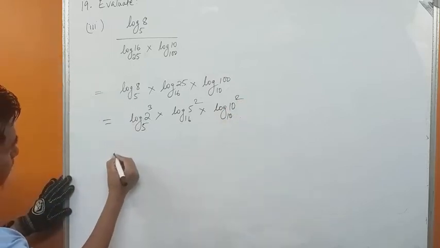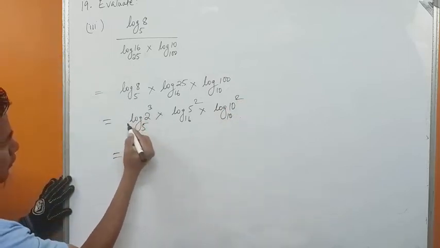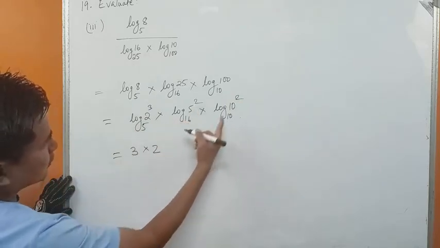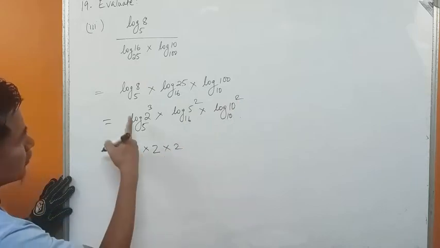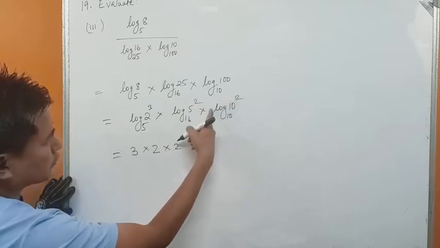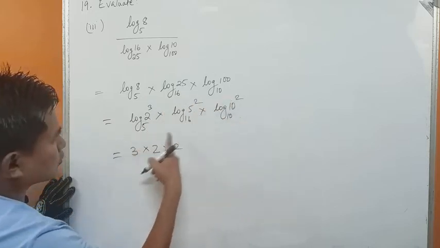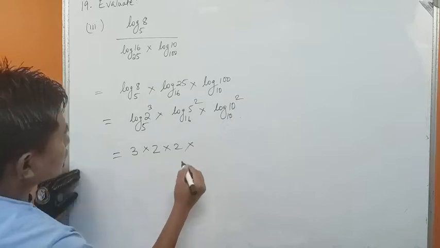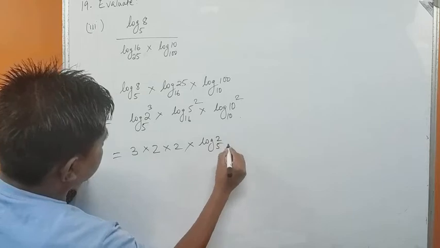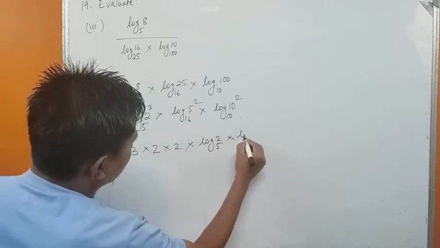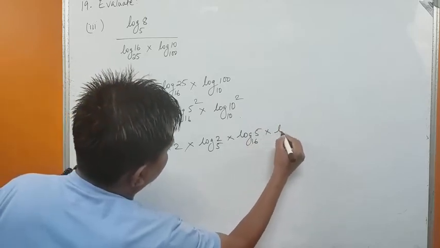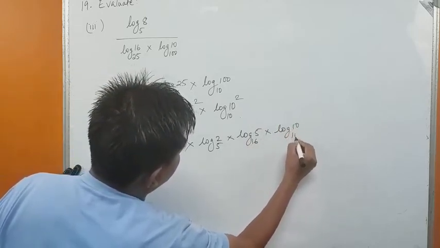Now 3 we can bring in the front, and this 2 we can bring here, and this 2 also. So 3 into 2 into 2 into log 2 to the base 5, into log 5 to the base 16, into log 10 to the base 10.